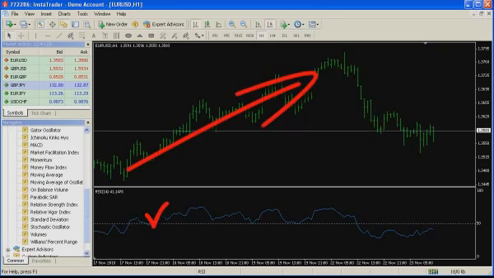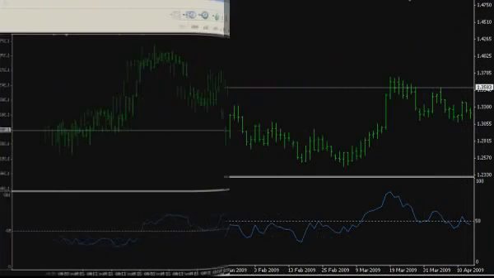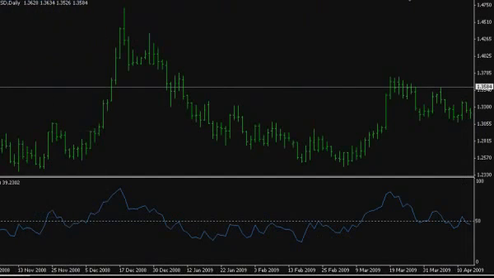Brief breakouts of this level give a good opportunity to open a position along the trend or add to the existing one. The RSI oscillator can give signals about a probable change of the current market trend or the price coming out of the flat zone that is characterized by a weak trend or its absence.